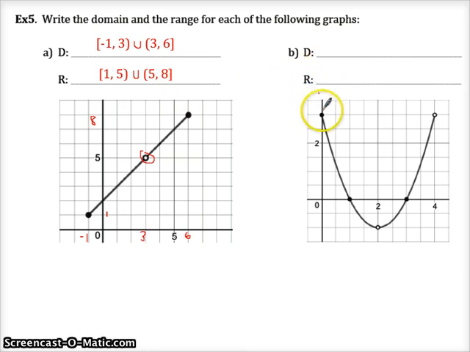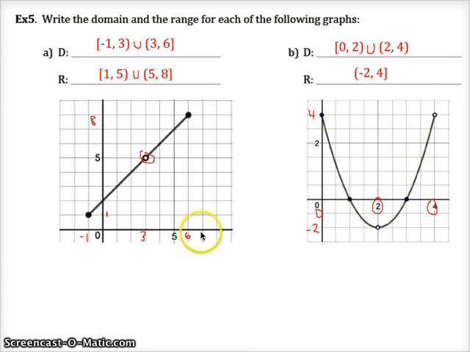This domain looks like it's going to go from 0 up to 4, but not include 4 and not include 2, so I have to be careful of those things. And notice it does include 0, but it does not include 4. Sorry, I'm trying to be fast here. And then the range does not include, because this is definitely an open circle down here at a y value of -2, but then it includes everything on up to 4, and it includes 4.